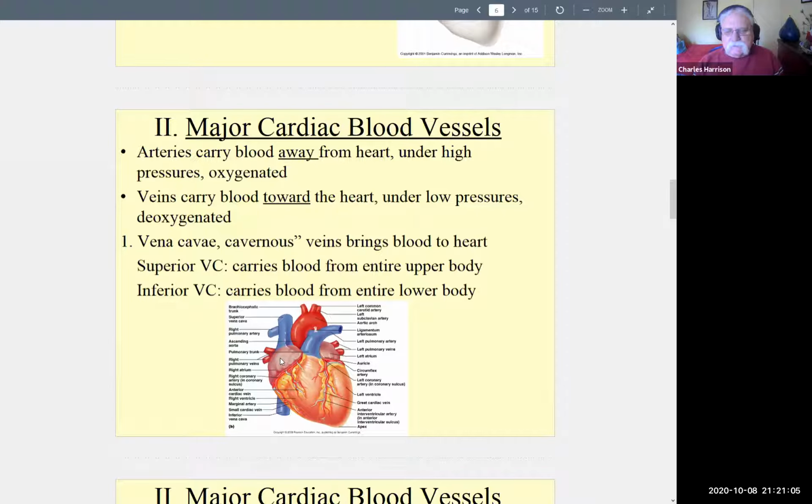We can't see the entrance into this top chamber, the right atrium. We will in a moment. The superior vena cava brings blood back from the upper part of the body and the arms, and the inferior vena cava brings blood back that has circulated through the lower part of the body.